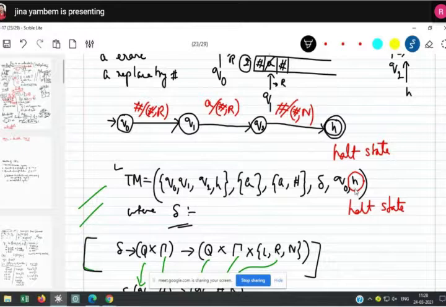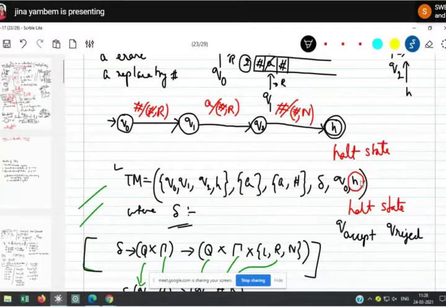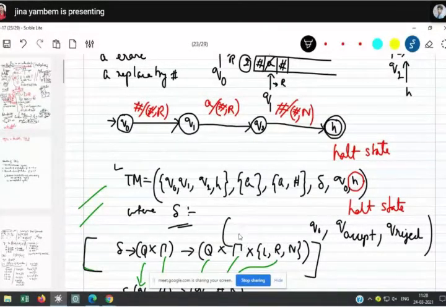Instead of halt, you can find in this book Q accept, Q reject. Instead of writing halt here, after Q naught you can find Q accept, then Q reject like that. The rest will be the same.